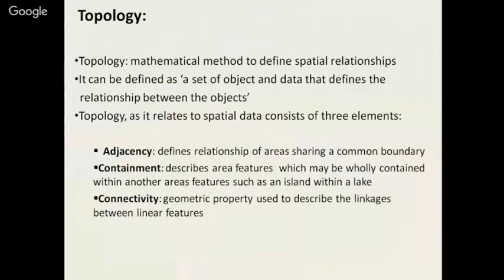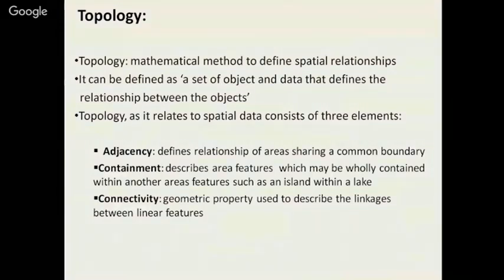Topology is one of the most important aspects when we study vector data. It creates the relationship between the various points or polygons, whatever we represent reality with. It tries to create a mathematical relationship.